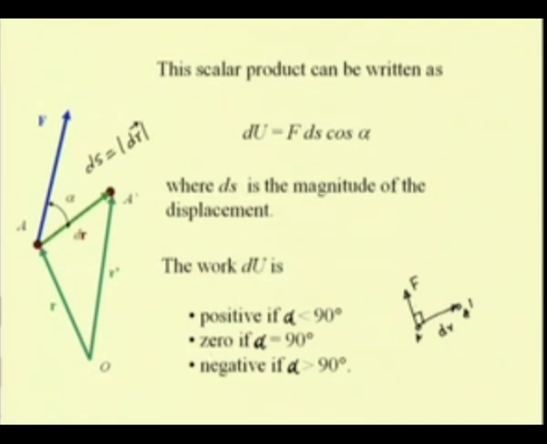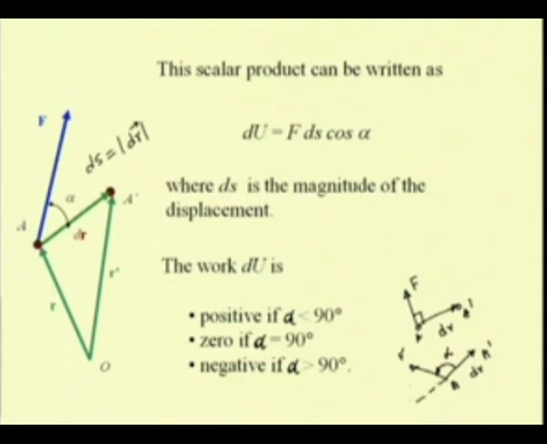And then we have the work done as a negative quantity if alpha is greater than 90 degrees. That means, say the force vector is like this, and we have the displacement vector dr, the particle is moved from A to A prime, and this angle alpha is greater than 90 degrees.